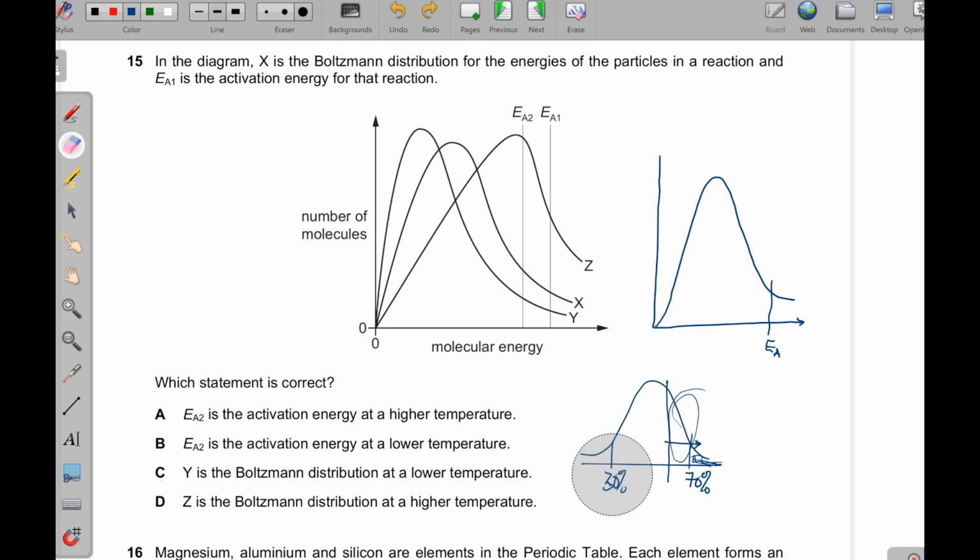So therefore, when we increase the temperature, we are going to have many molecules with energy that is greater or equal to activation energy.